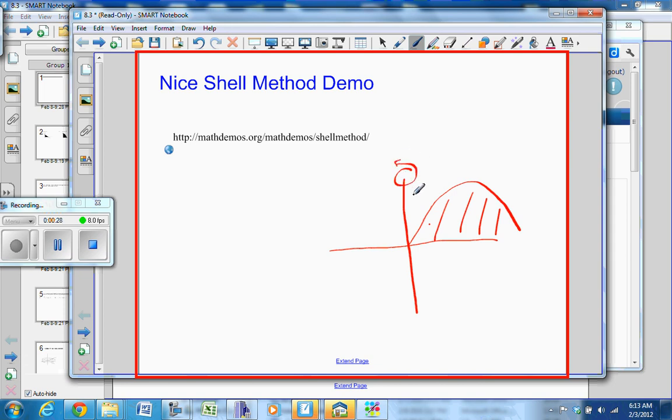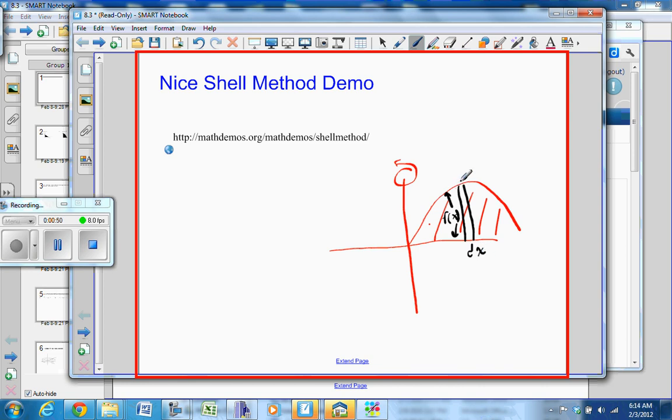Well, if we do that, the way that we're going to think about that is once again as taking a little bit of a strip. So here's our strip, and it has height f of x, and a little bit of width dx.